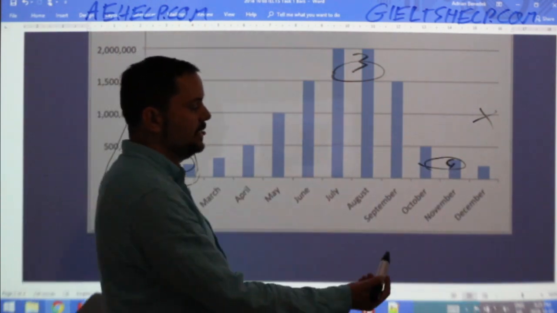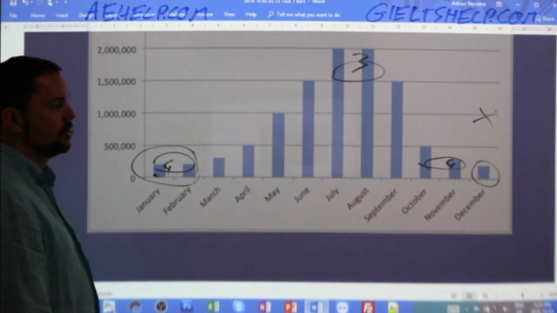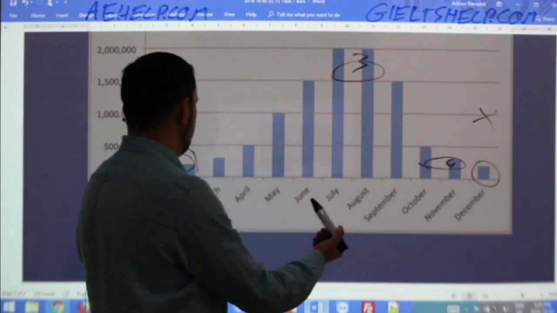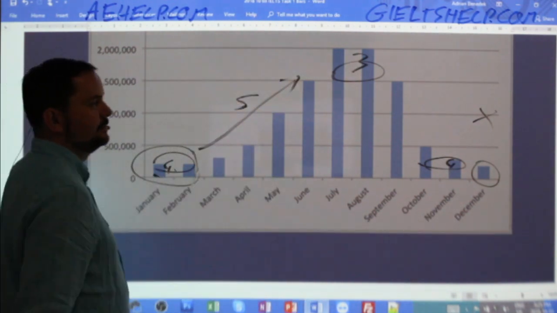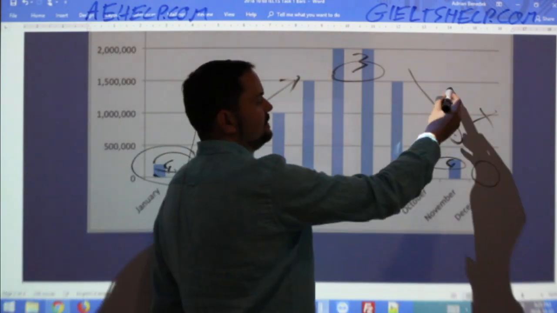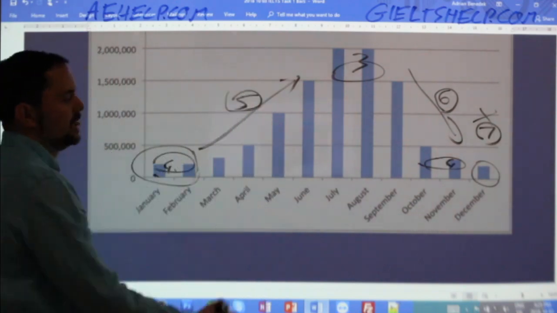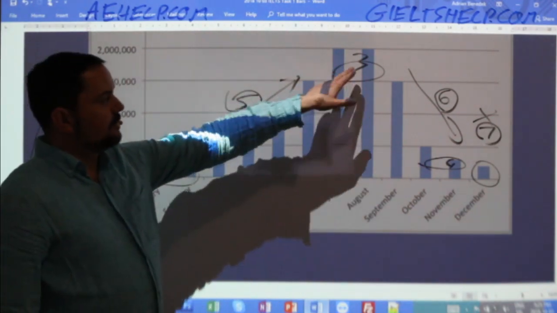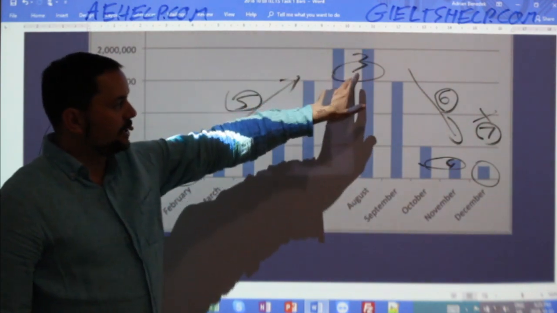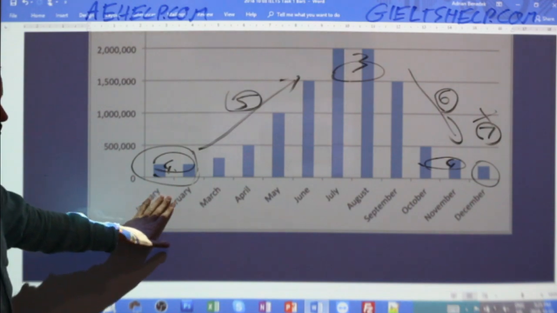Now here, however, you can see that December is quite low also. So this is a significant difference. Okay. So here we have 4, then here we have 5. Here we have 6, and here we have 7. Hopefully all of you understand what I just did there, okay? So here for my analysis, my highest point is summer, my lowest point is winter, okay?